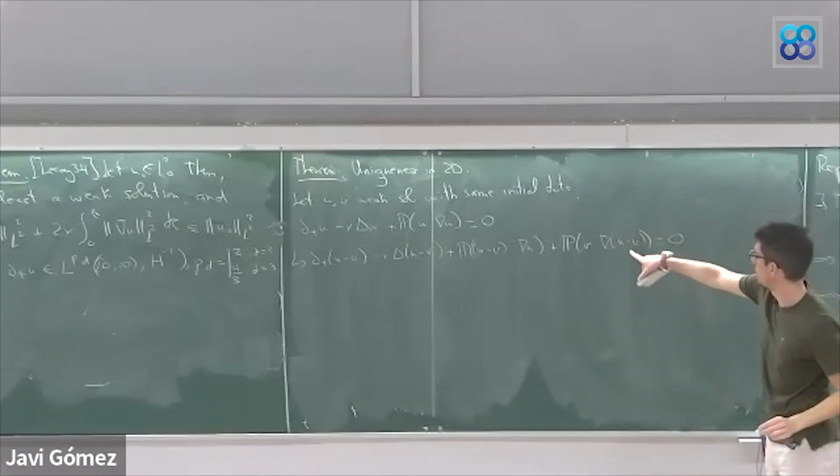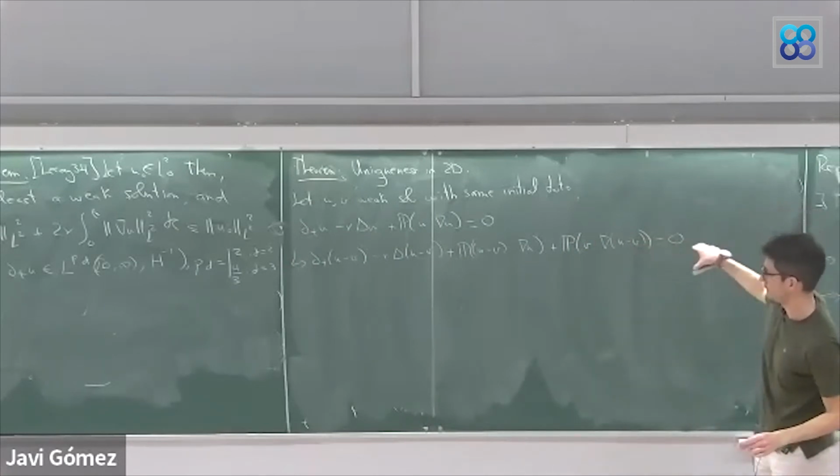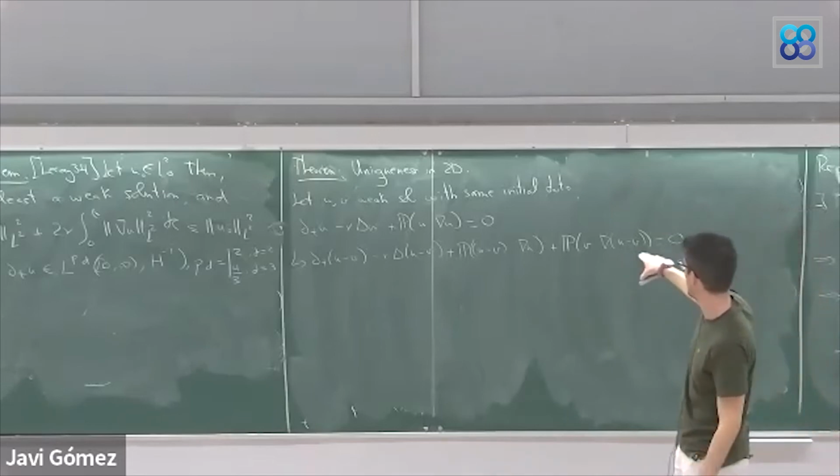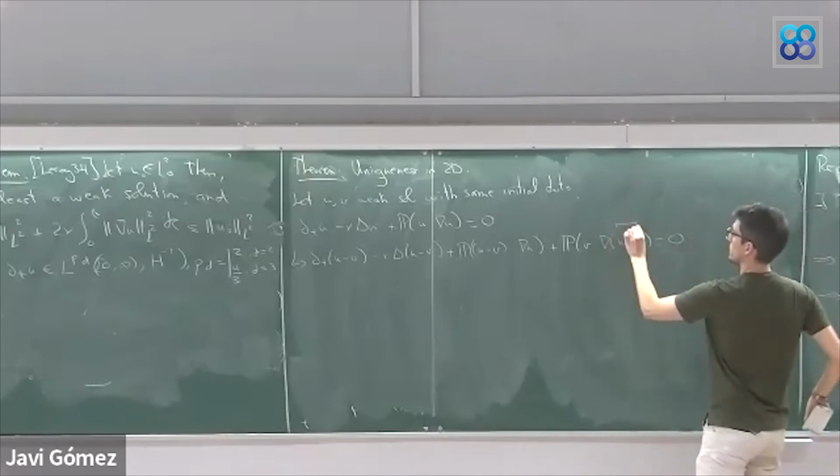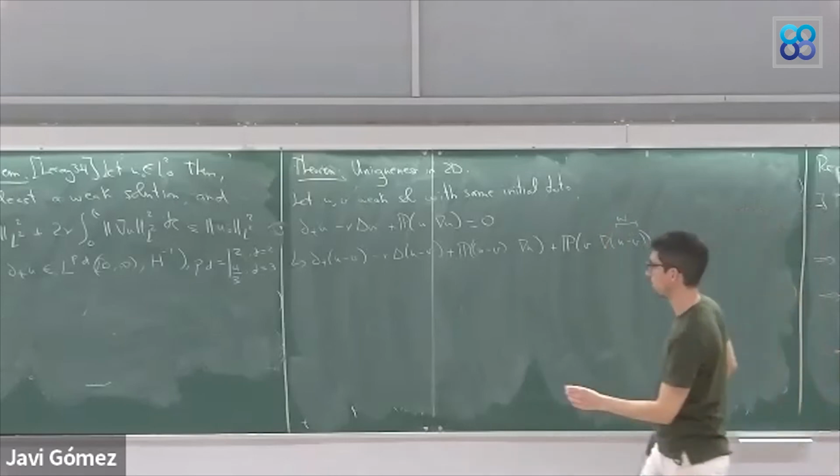Now multiply by u minus v. Assume that I can do that, like I can test by u minus v, that I will call w.